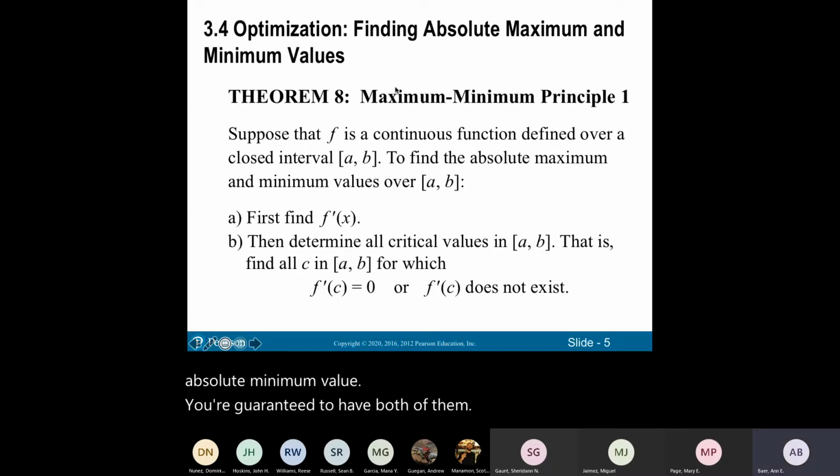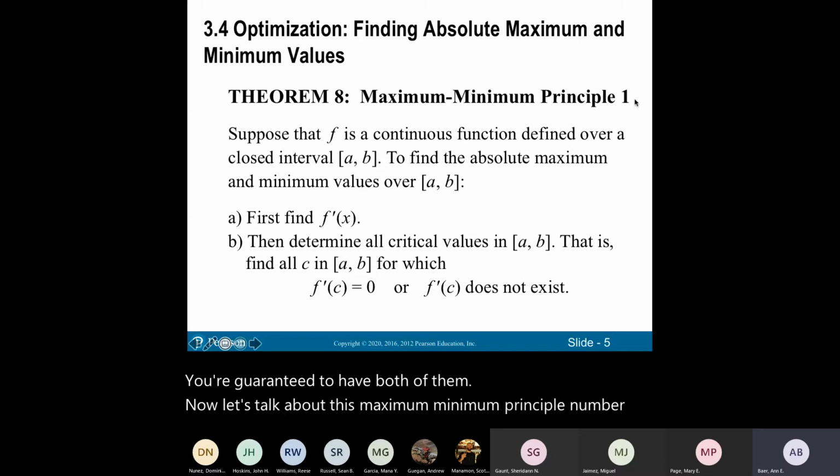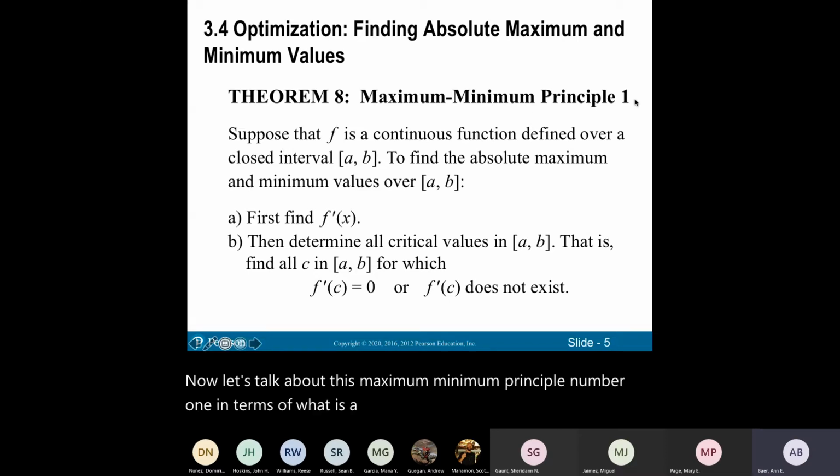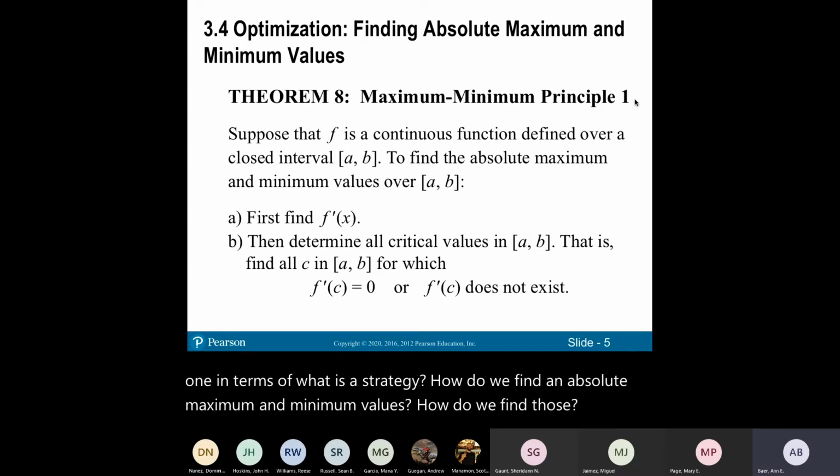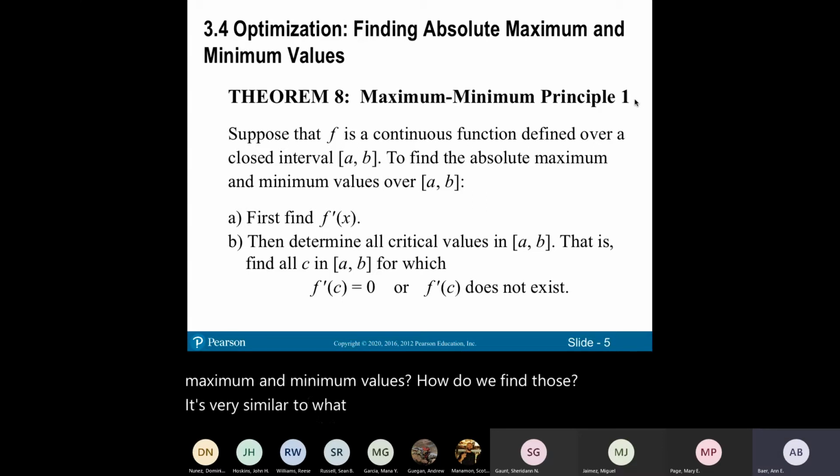Now let's talk about maximum, minimum principle number 1 in terms of what is a strategy. How do we find absolute maximum and minimum values? How do we find those? It's very similar to what we did last time when we were finding relative extreme points.